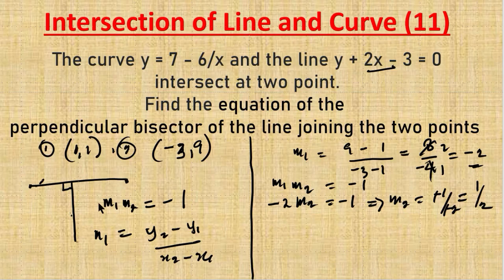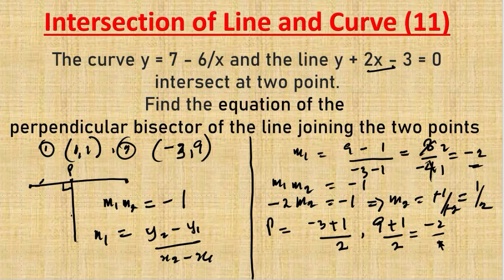Let's keep that. Now, remember we're told that it's a perpendicular bisector. That means the point at which the perpendicular line meets this line divides this line into 2. Let's call this point P. My point P will be given by minus 3 plus 1 over 2 and 9 plus 1 over 2, which equals minus 2 over 2 and 10 over 2.